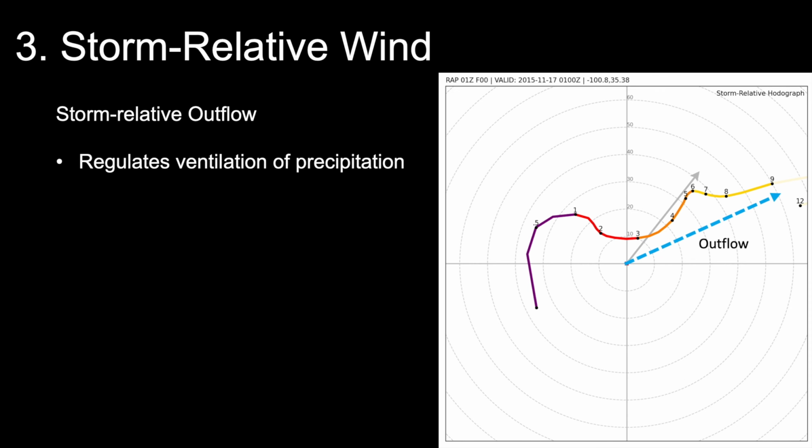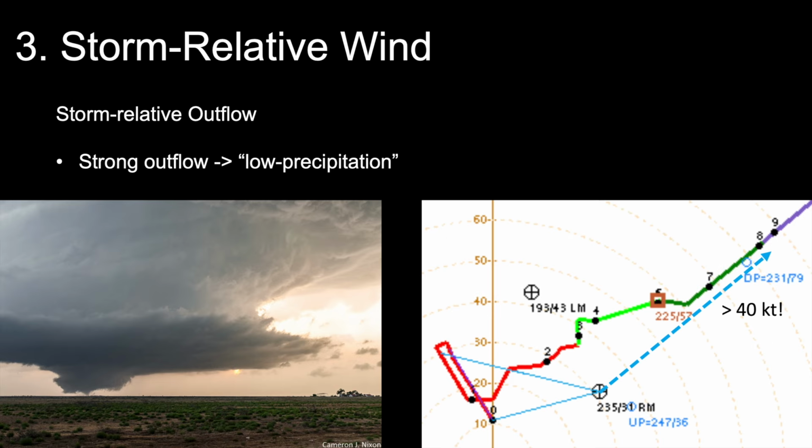And when we're dealing with storm relative wind, we're typically used to dealing with outflow. Or we've probably used anvil level SR flow or some kind of SR flow aloft, because this actually regulates the ventilation of precipitation out of your supercell. So when you have strong storm relative outflow, you get more low precipitation supercells, which are a lot easier to see and spot because the rain is not pounding into the action area here.